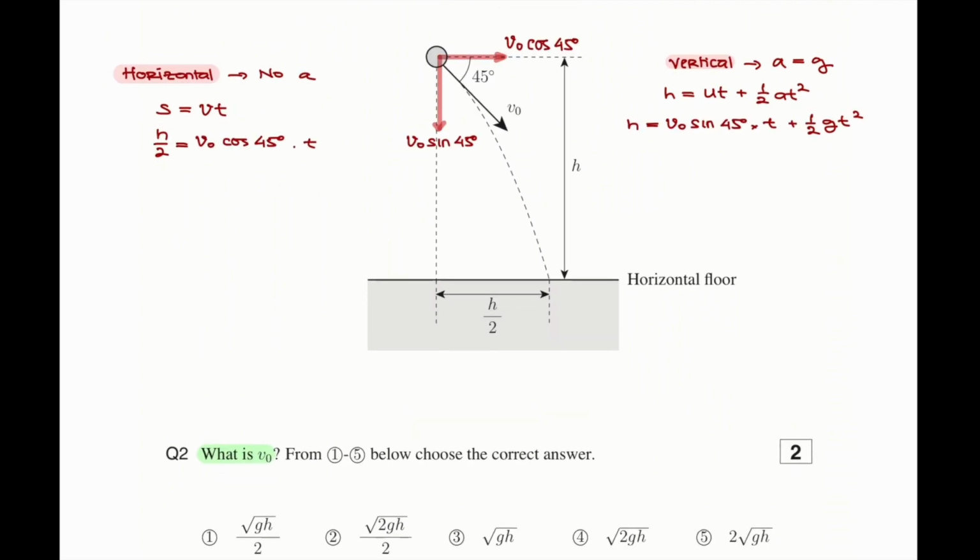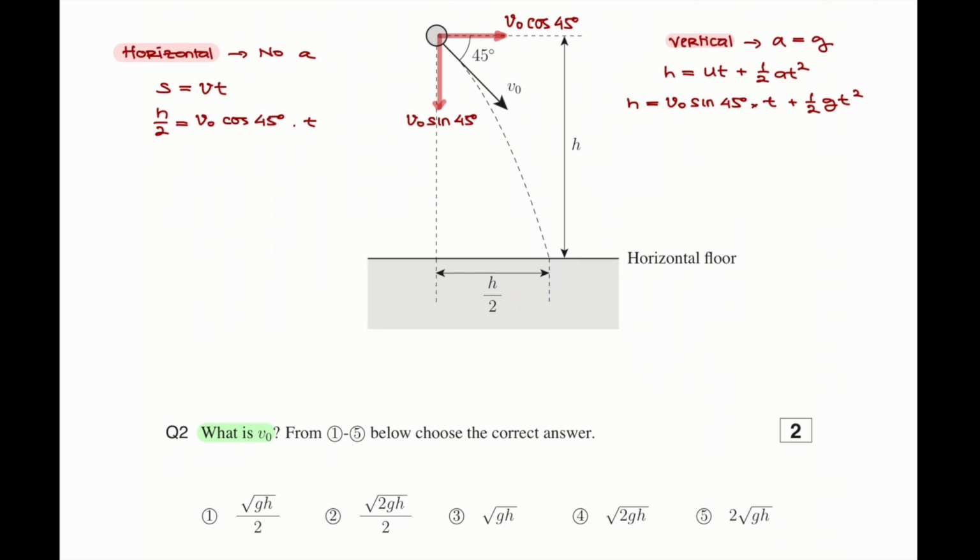If you see from these two equations, I think I can write it down as VO cos 45 times t is the same as VO sine 45 times t. Because as you know, cos 45 is equal to sin 45, which is half square root of 2.